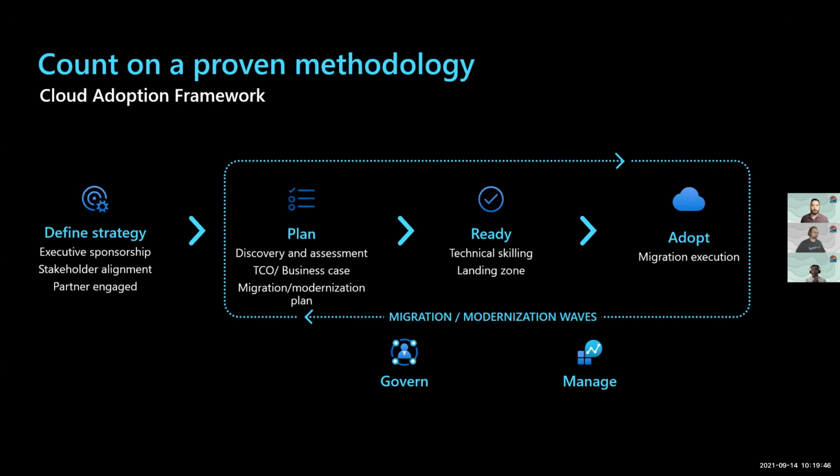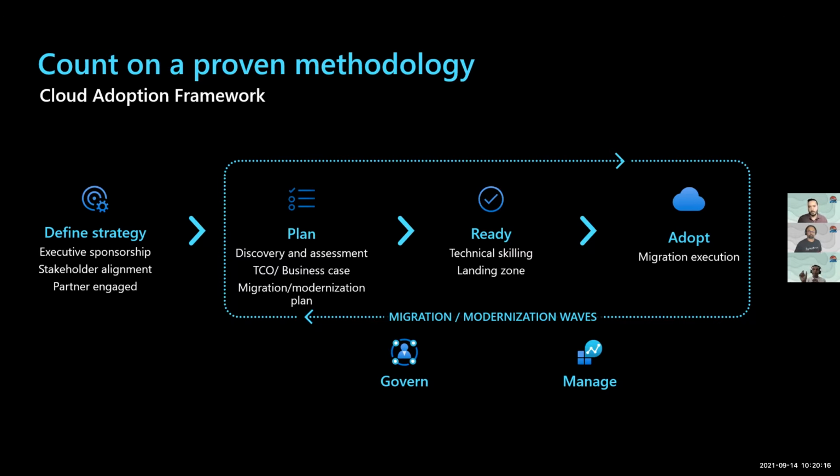Because after we did so many migrations and worked with thousands of customers, we gathered all the best practices and packaged them into a framework called CAF. Every cloud provider has this framework, right? You have to adopt this framework instead of reinventing the wheel by yourself, or instead of coming up with your own process. Just rely on the cloud platform and they bring this framework and this expertise to you to really accelerate your migrations.